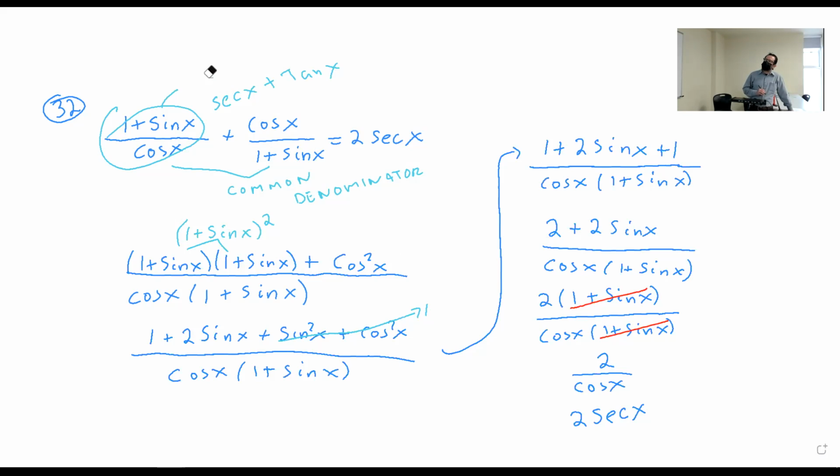But I don't know how to get the other secant. You've got 1 secant and you would need the other one there. There would be some sort of manipulation that we would need to do here. What can we do there?